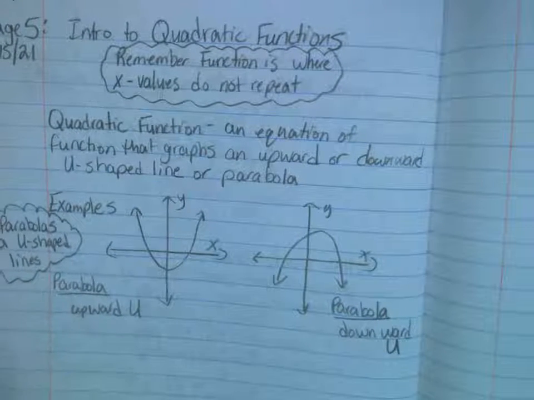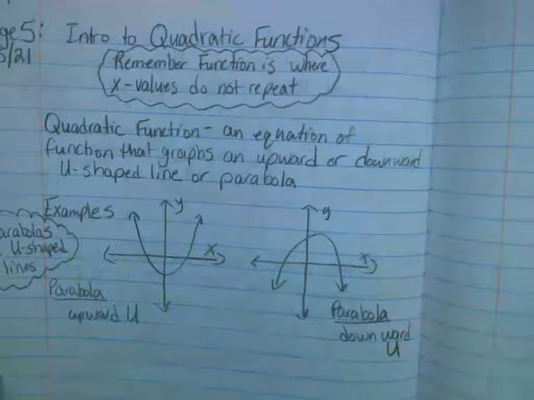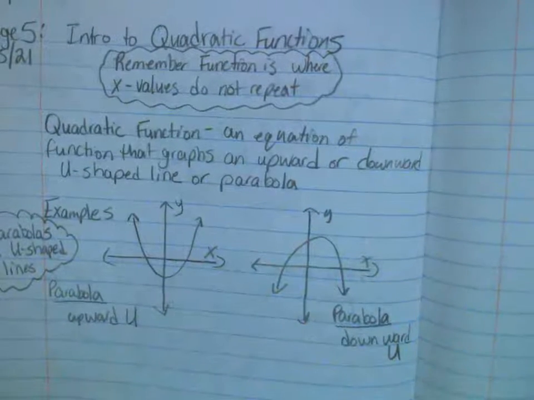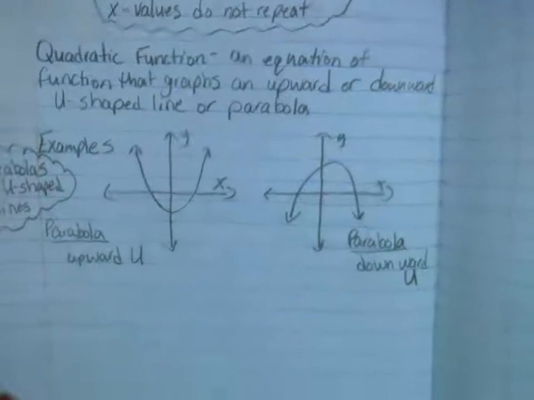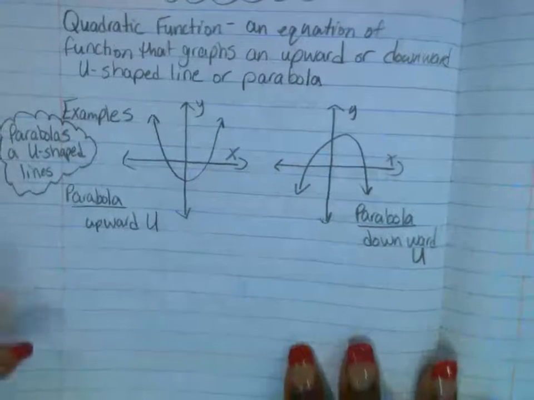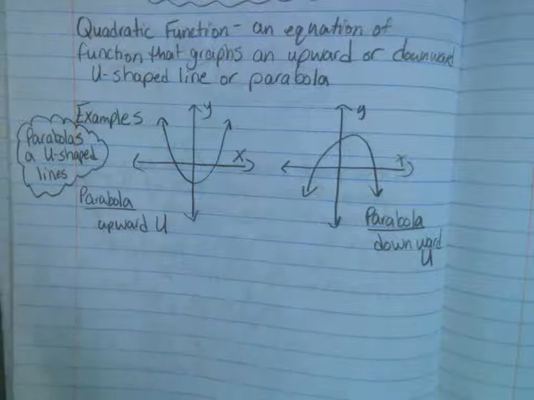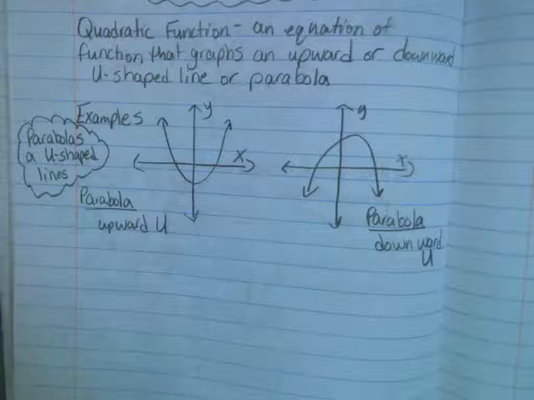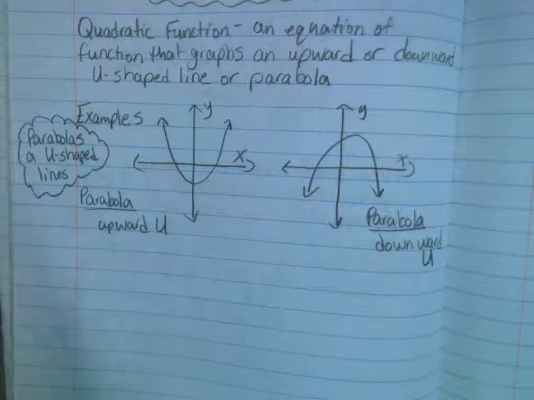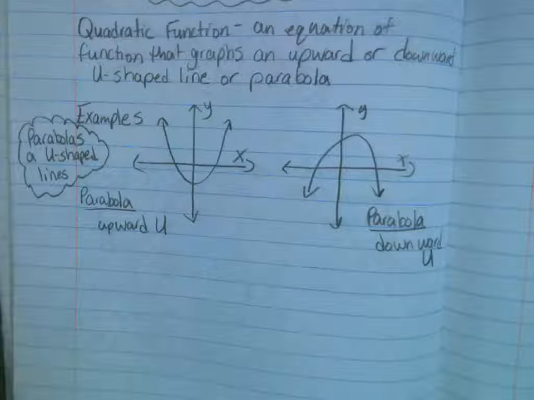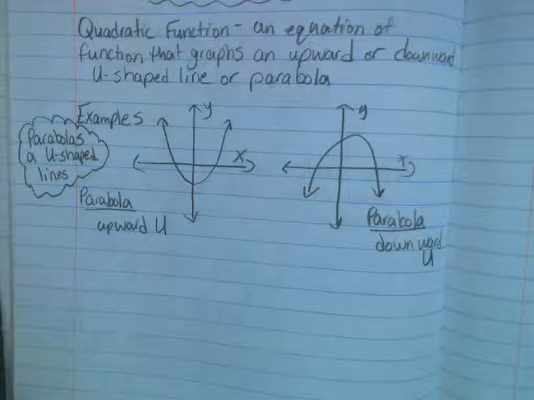Now we're going to focus on the equation part. Just as we did with linear and exponential functions, there's a standard form for linear functions, which was ax plus by equals c. There's a standard form for exponential functions, which is y equals a times b to the x power.